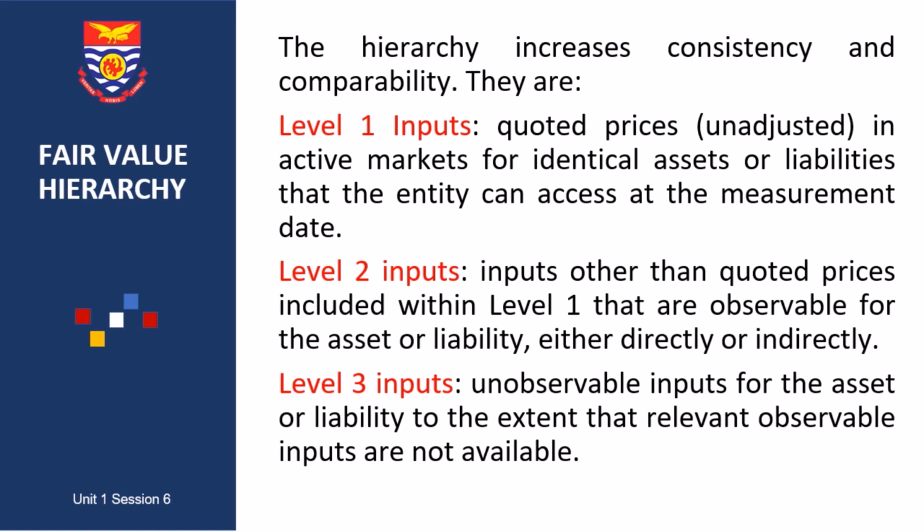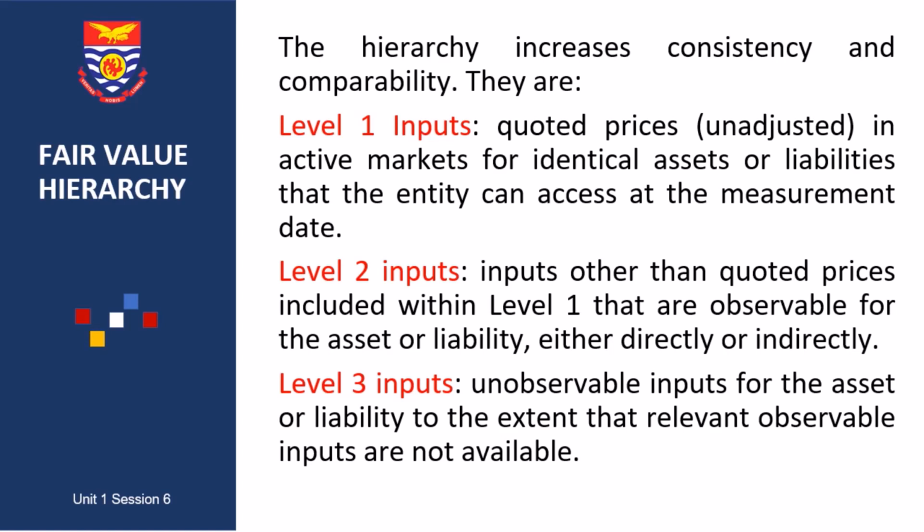Now the hierarchy has what we call level 1 inputs. Level 1 inputs are basically the quoted prices, or unadjusted prices, in an active market for identical assets or liabilities that the entity can access at the measurement date.